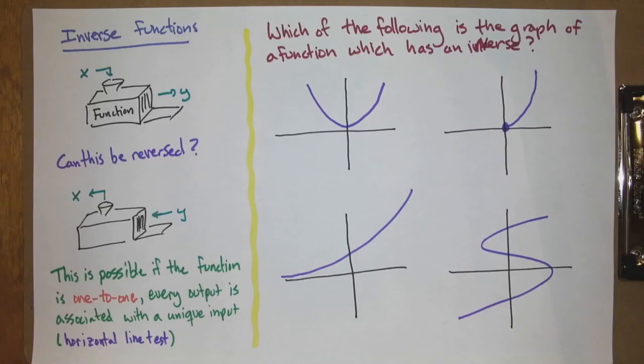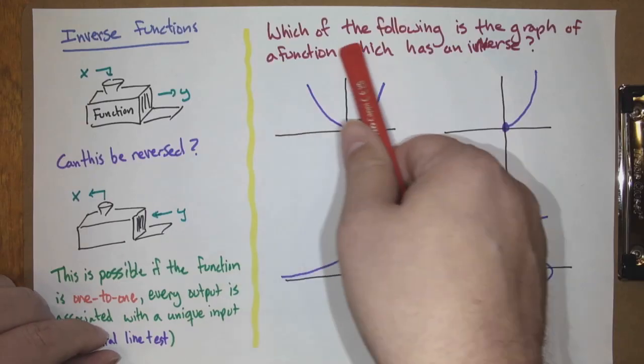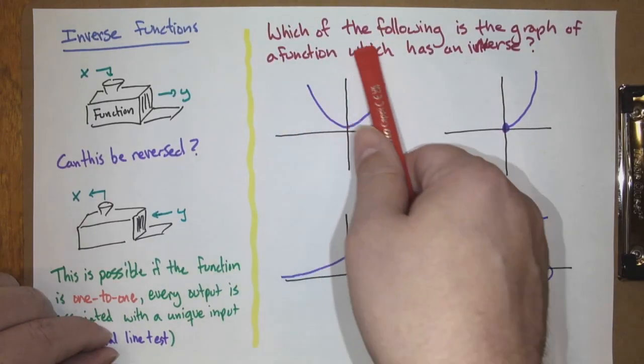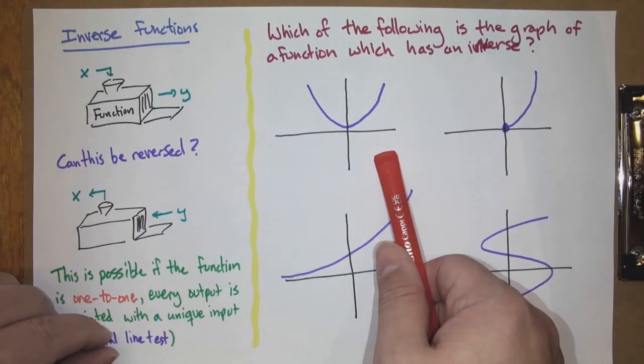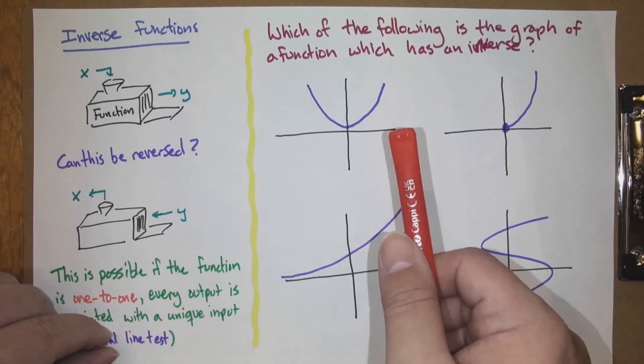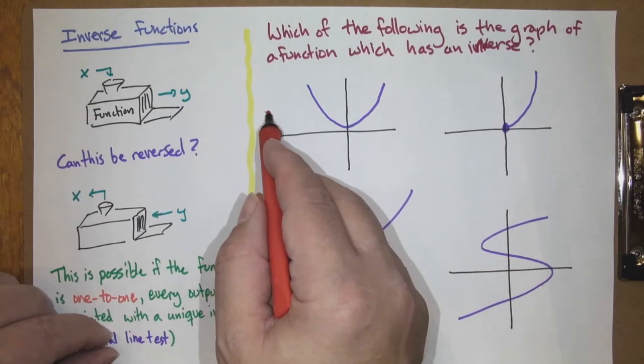So really quickly, we have some graphs here. And there's a question. Which of the following is the graph of a function which has an inverse? Is this the graph of a function which has an inverse? Horizontal line test.